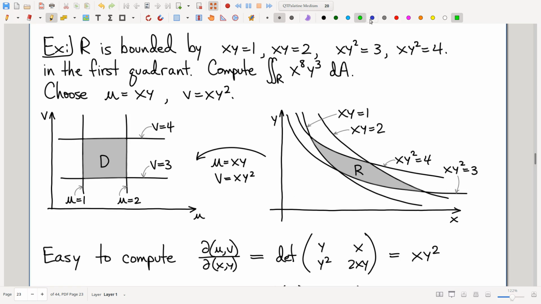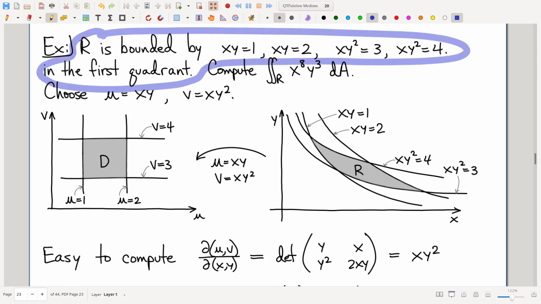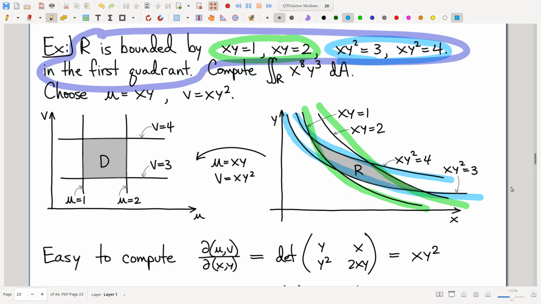Suppose your domain, and by the way, this happens more often than you would think, is bounded by 4 curves, 2 of which are level sets of one function, and the other 2 of which are level sets of a different function. So that's what we're looking at here.